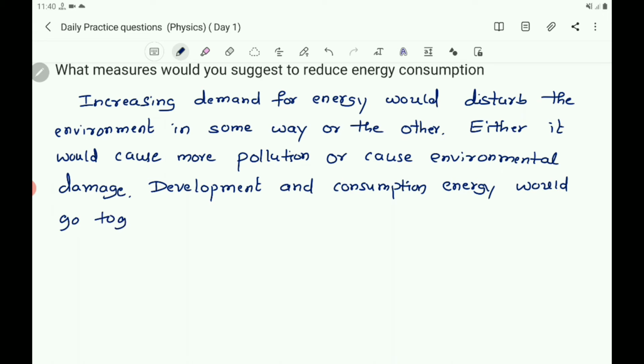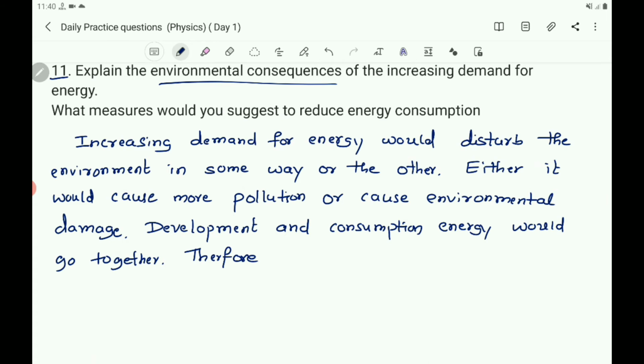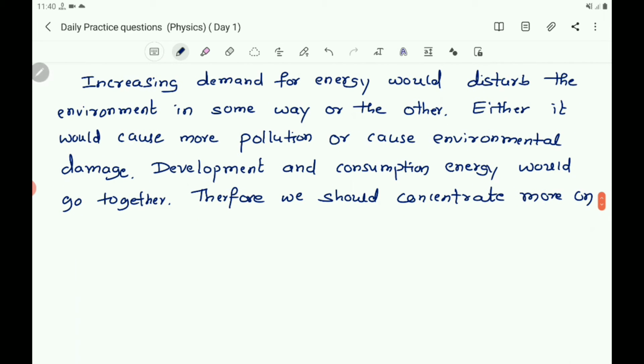Therefore, we should concentrate more on finding better and alternative sources of energy.